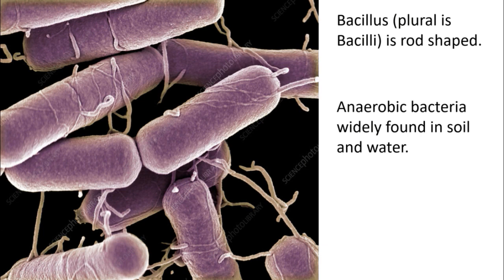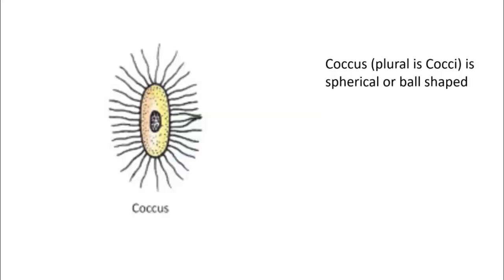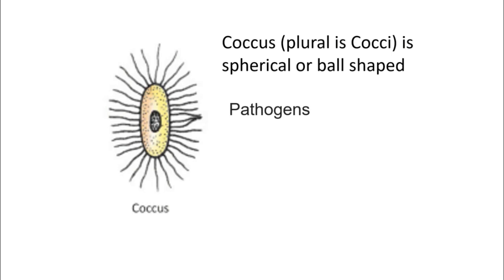The next one we have seen is coccus. Coccus is spherical in shape. It's a ball shaped bacteria and most of these coccus bacteria are pathogens. And what are pathogens? Pathogens are disease causing microorganisms.